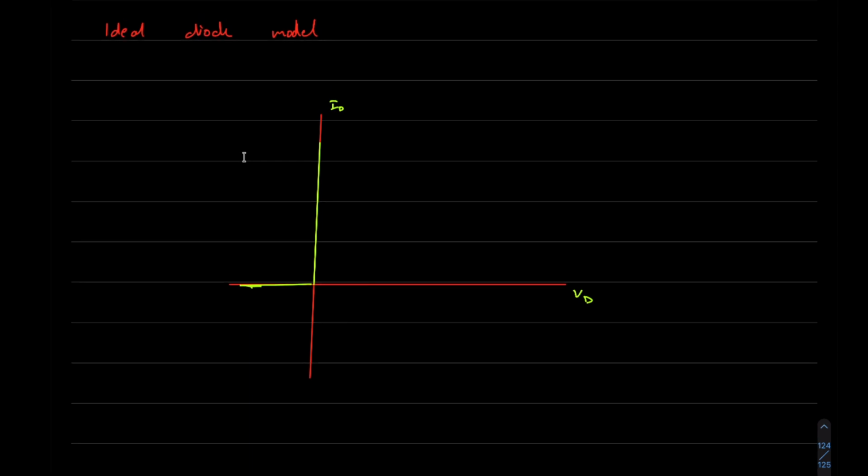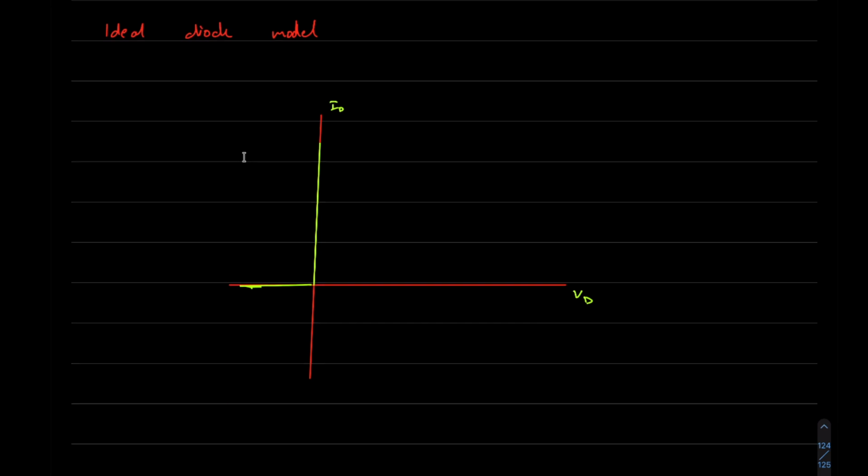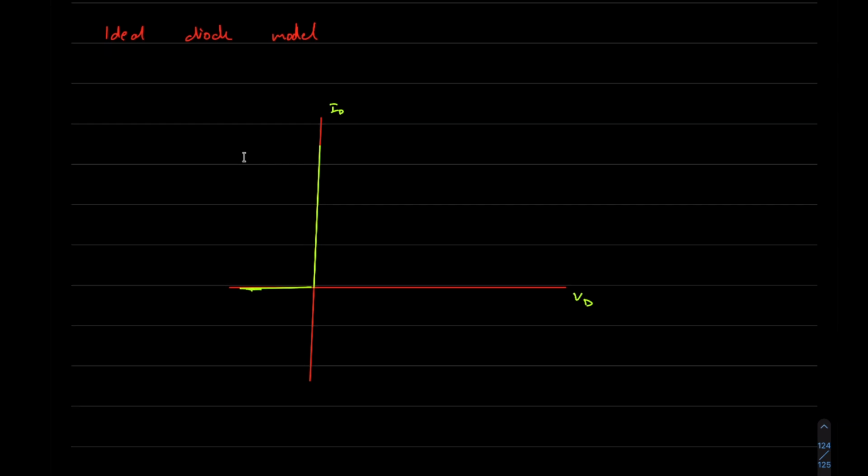First is it allows the flow of forward current for any forward bias voltage without any impedance, right? It acts as a closed switch. And an ideal diode under reverse bias does not allow any current. So it basically acts as an open switch, right? Easy enough.